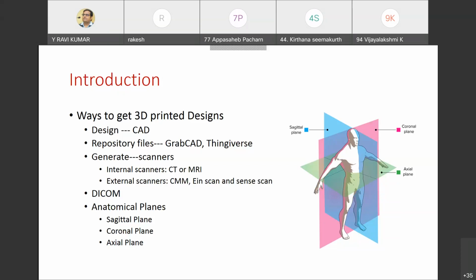Coming to the anatomical planes, those of us with an engineering background know that in our engineering studies we have three planes, three views: top view, side view, and front view. In the same way, these medical people have three different planes. This one is the coronal, the pink one.